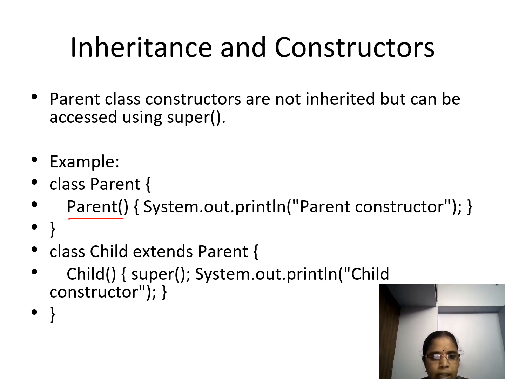In this constructor, we are just displaying a statement, that is System.out.println("Parent constructor"). Here we are having the child class which extends the parent class. In this child class, I am just using the keyword called super, which is used to access the parent class.